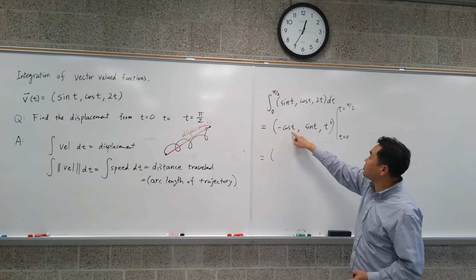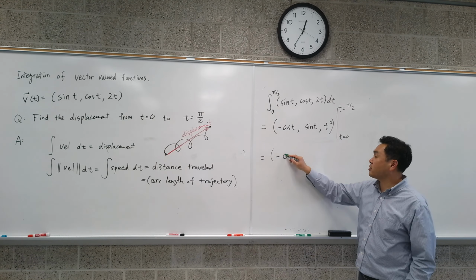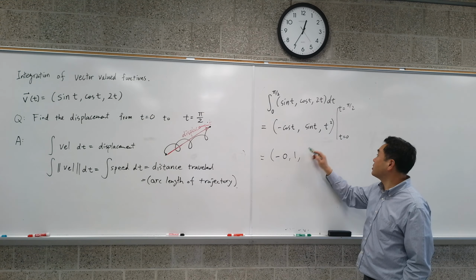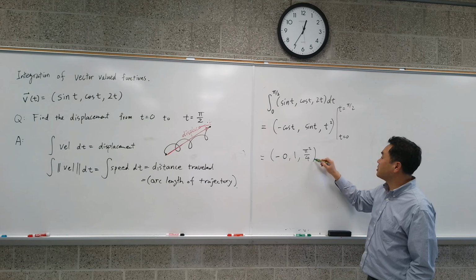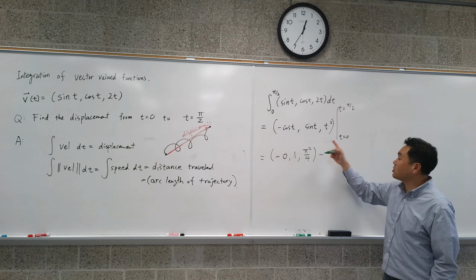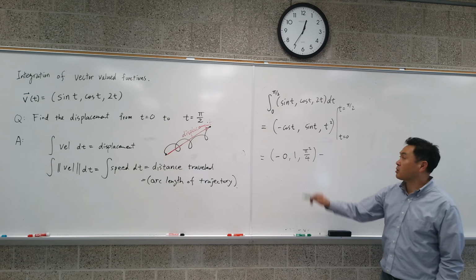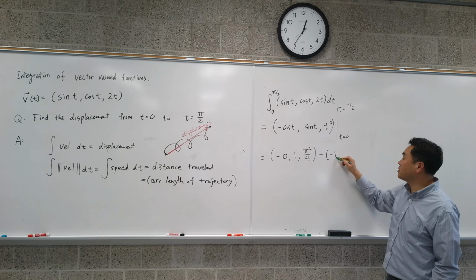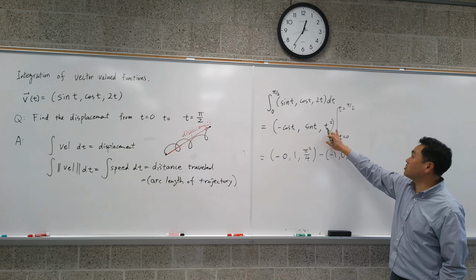So what is cosine pi over 2? 0. Sine pi over 2 is 1. Pi over 2 squared is pi squared over 4. Minus, when you plug in 0, what's cosine 0? Cosine 0 is 1, so because there's a minus, you end up with a minus 1. Sine 0 is 0, and 0 squared is 0.